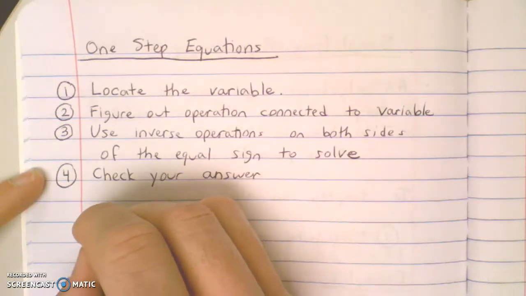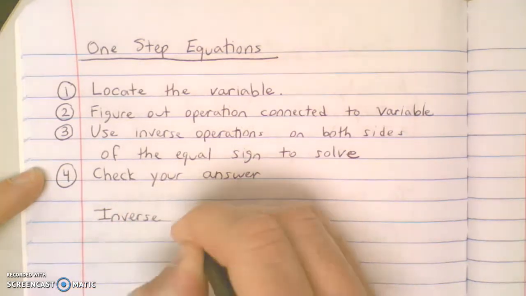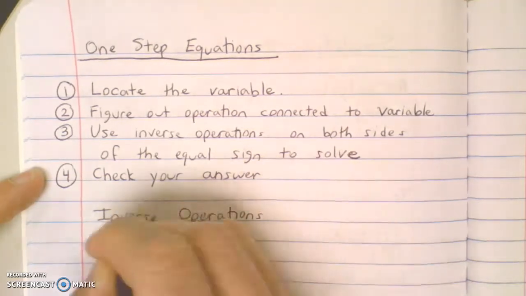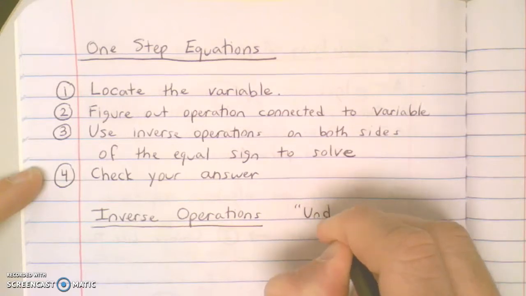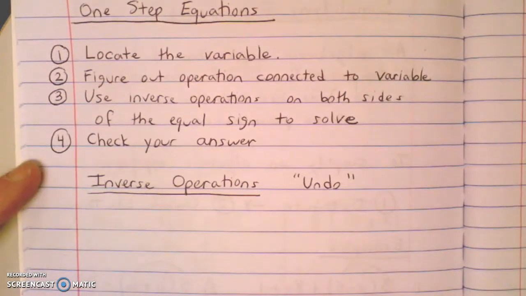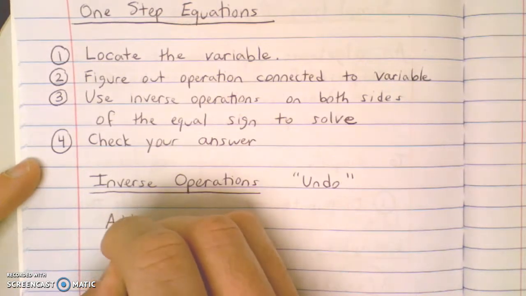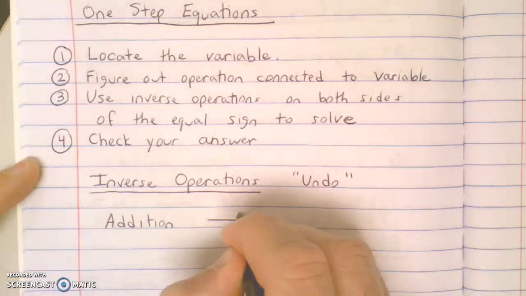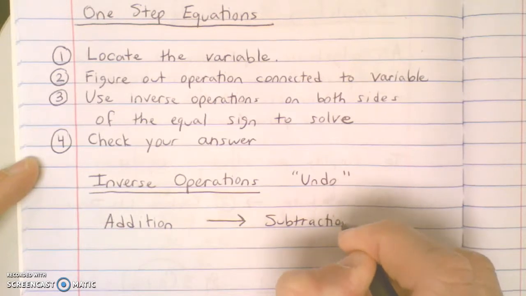So very quickly as a review, inverse operations are just the "undo" operations that undo each other. If I give you a problem with addition, the undo of addition is subtraction, and vice versa.